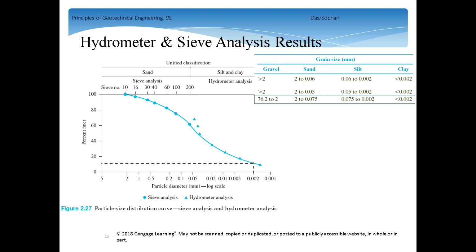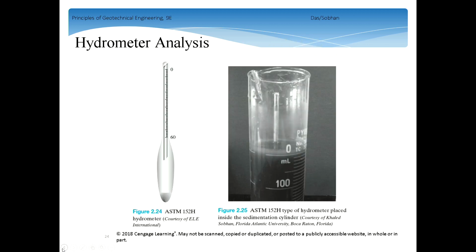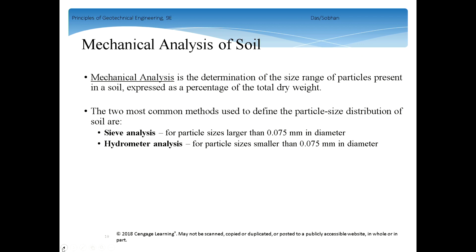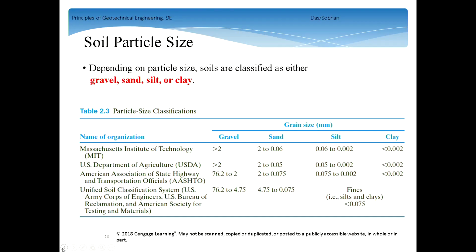For example, we list some here. You see, because the distinguished particle sizes are different, they follow different codes. Different codes will give you different results. Even if the results look similar, sometimes they are quite different.